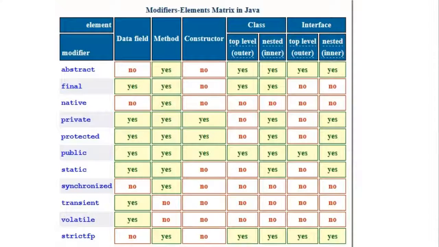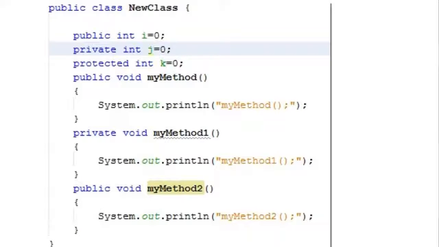Let's see a code that will make everything clear. So here is the first code. It has a method and a variable which are public and protected. This method and these variables can be used from this class but not from the outer class.